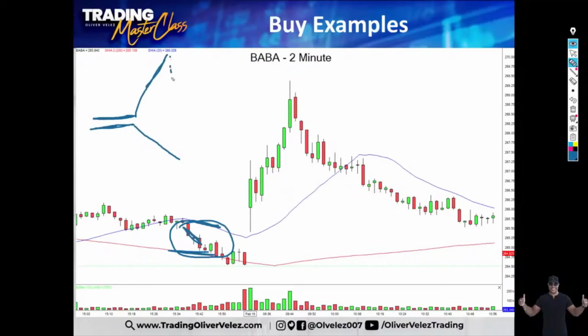And here is the wide state. Wide state is when the 3 items are spread apart. So you got your stock here, your 20 all the way down here, and your 200 all the way down here. So notice that your 3 items are spread far apart.